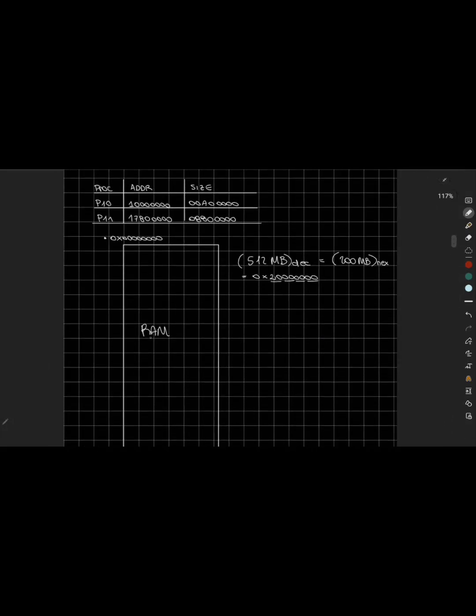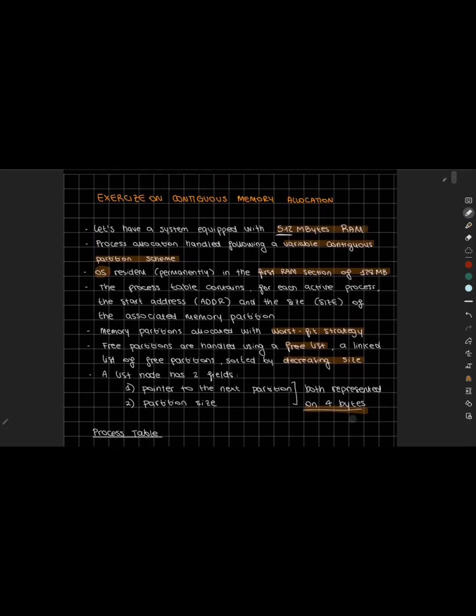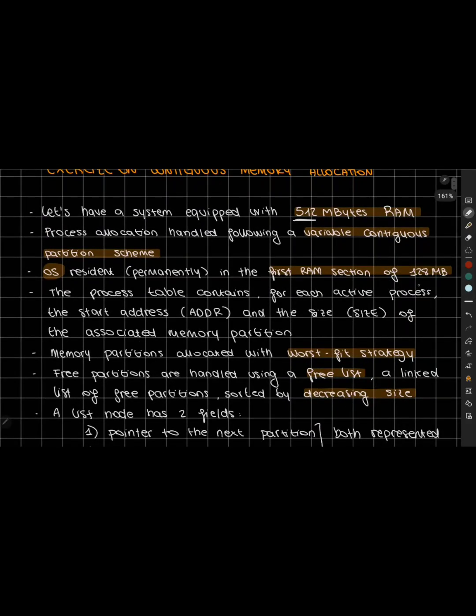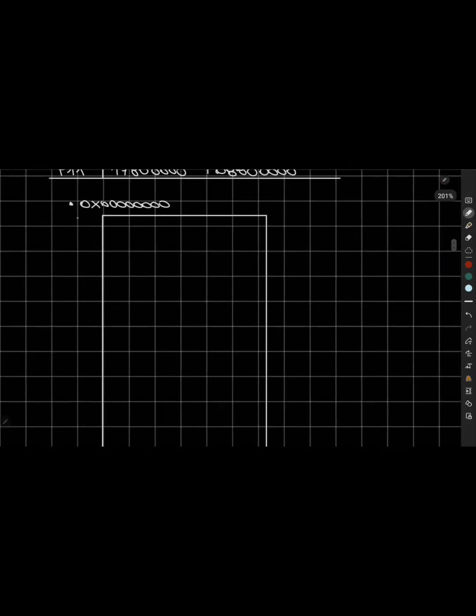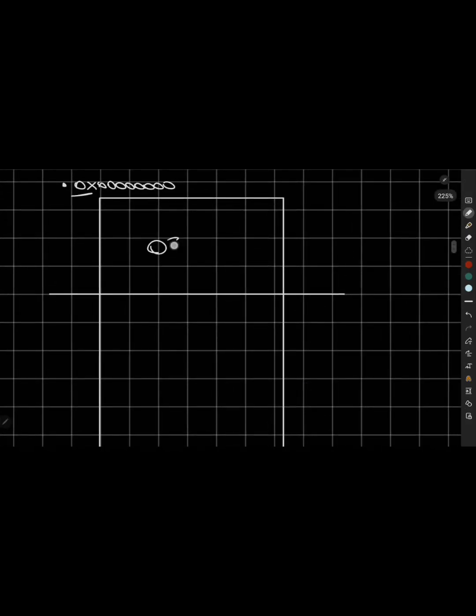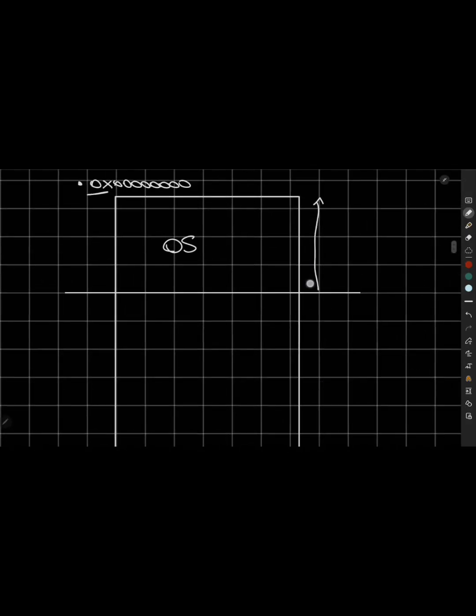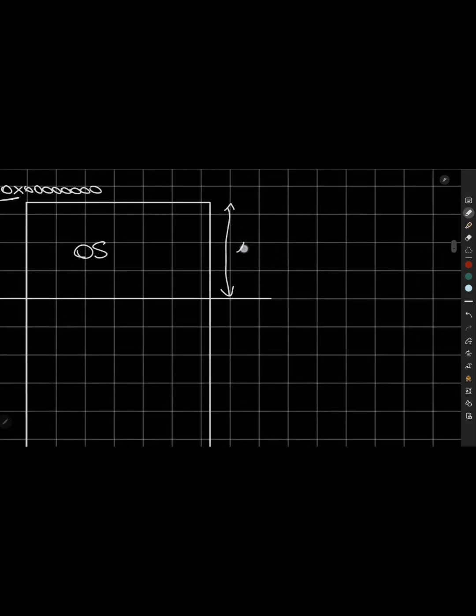The second thing that we know is that the OS is occupying the first 128 megabytes of the memory. So the OS will start here and it will arrive at some point in the memory where we have this size, which is 128 megabytes.